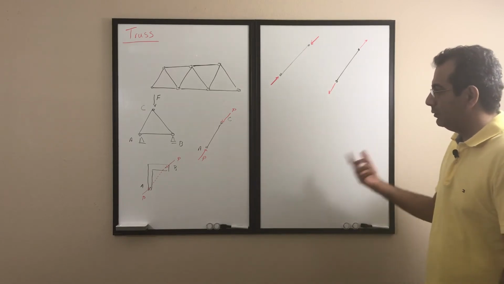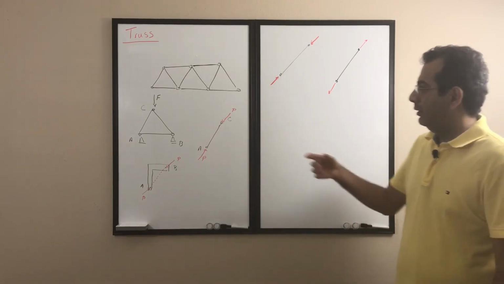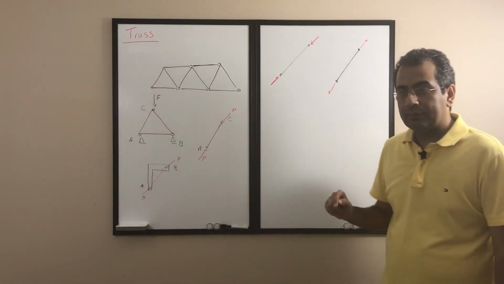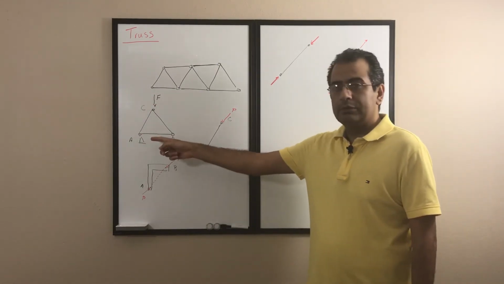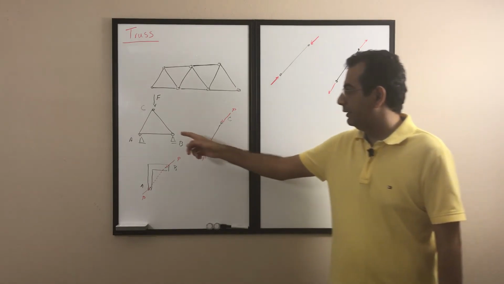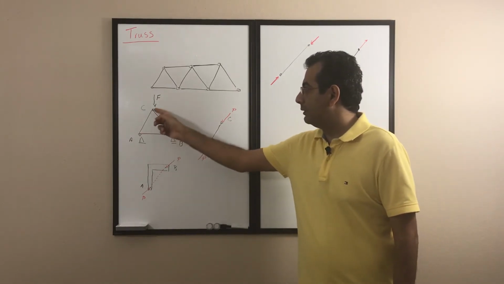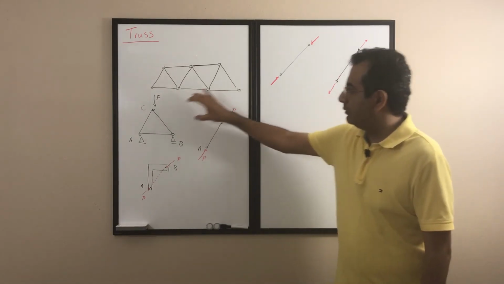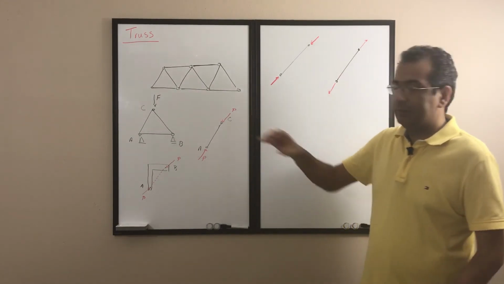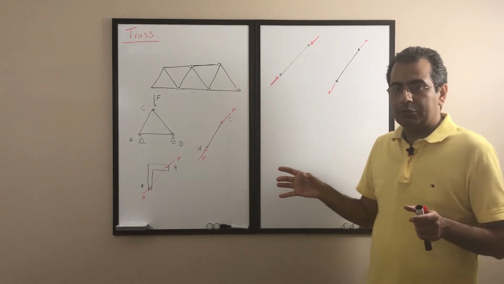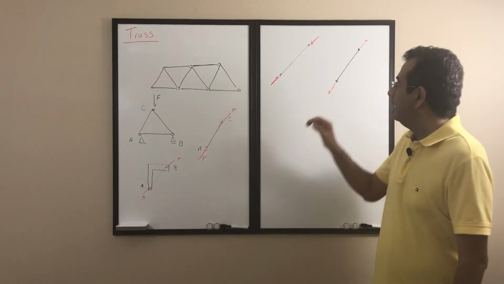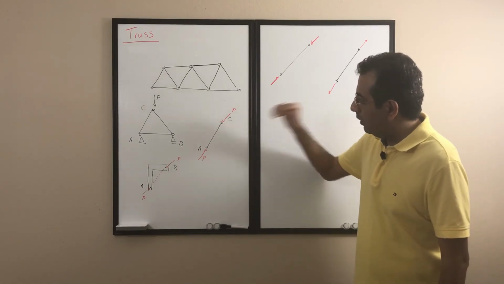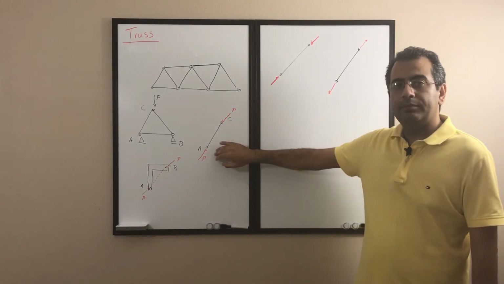So one more time, the assumption we made is that first of all the forces only apply on joints. All the joints are pins, so all the members connect by a joint as a pin. So there is no moment at each of these joints. Also, if we disassemble the truss and take out member by member, the internal force is always along the members.